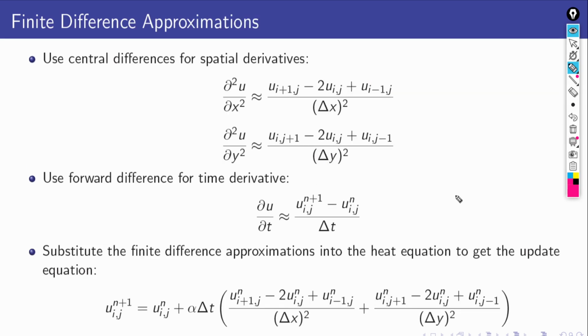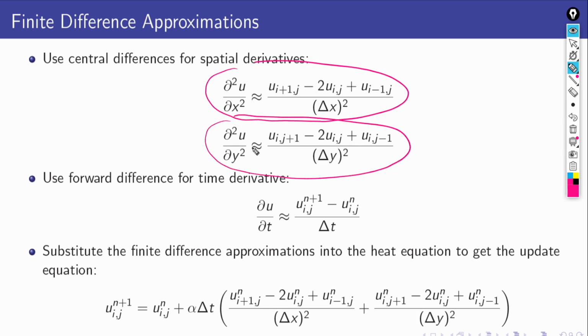Now for the difference approximation, we need central differences for the spatial derivatives, which are given in the first expression. You can see here ∂²u/∂x² is approximated by (u_{i+1,j} minus 2u_{ij} plus u_{i-1,j}) upon delta x squared, and with respect to y, ∂²u/∂y² is approximated by (u_{i,j+1} minus 2u_{ij} plus u_{i,j-1}) upon delta y squared.